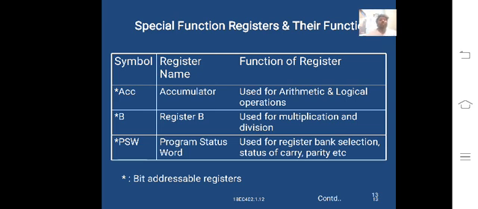PSW, program status word. The program status word is used for register bank selection, the status of carry, parity, etc. In the program status word, we have two bits, RS1 and RS0.